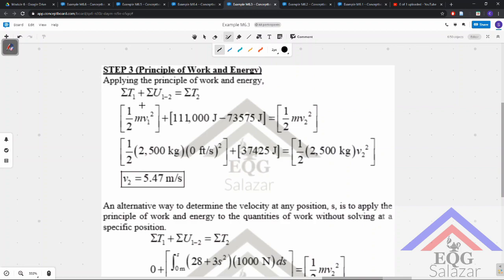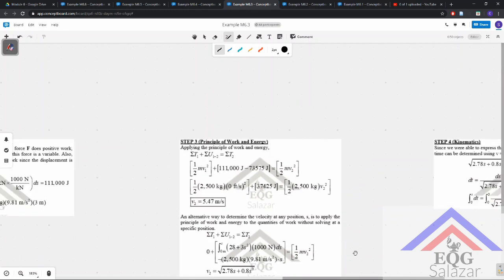Therefore we have 1/2 m v1 squared plus the total work done on the body equals 1/2 m v2 squared. Since we know it starts from rest, v1 is 0. We can solve for the final speed, v2, and that comes out to 5.47 meters per second.